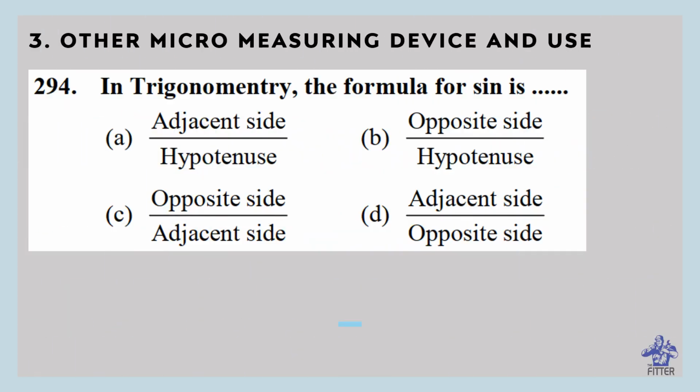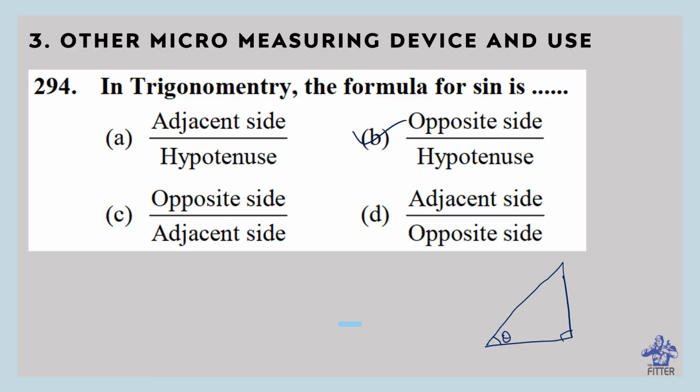Trigonometry, the formula for sine is, an easy one, right? That is opposite side to hypotenuse, option B. Let's take a right angle triangle. This is 90 degrees, and this is angle theta.